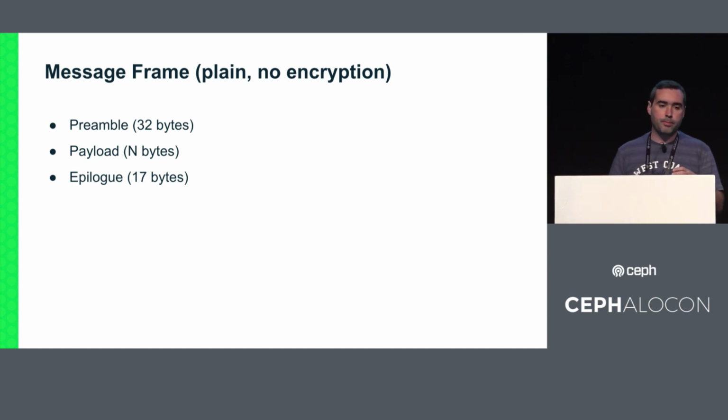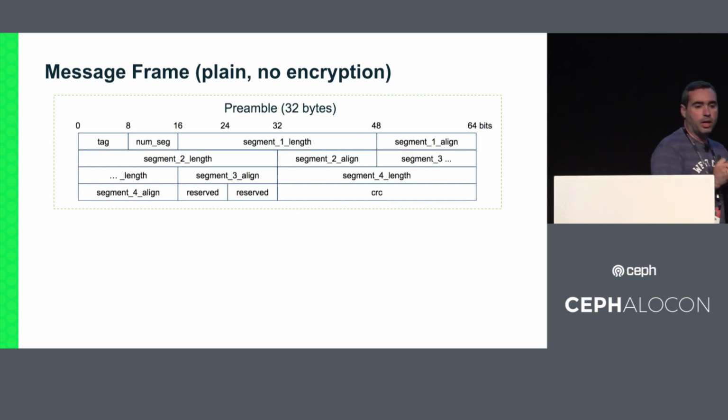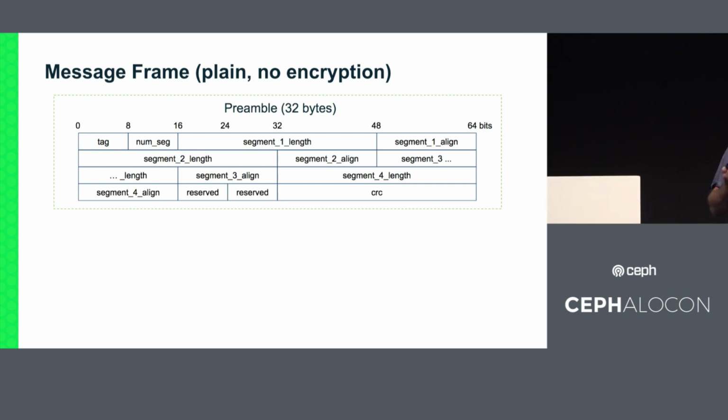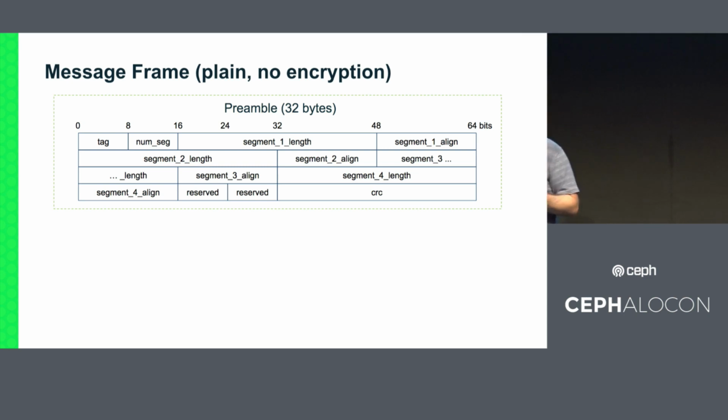This is the message frame for the no encryption mode of the protocol. Okay, the preamble has many fields, but the first one is actually the type of frame. Each control message has a type, and that's specified on the first 8 bits of the preamble, and then we have the number of segments of data.